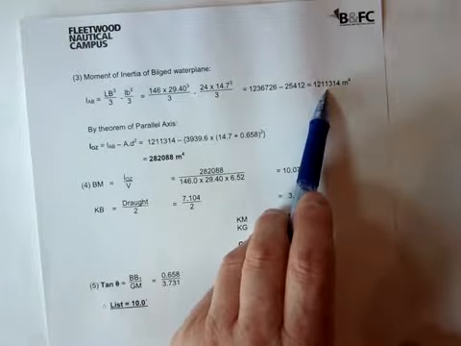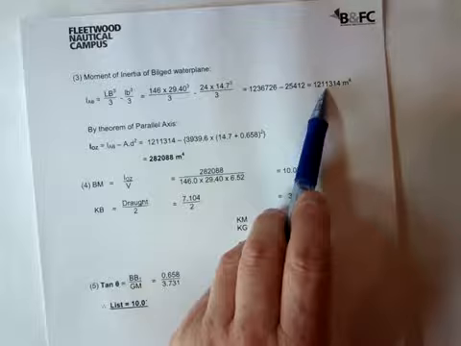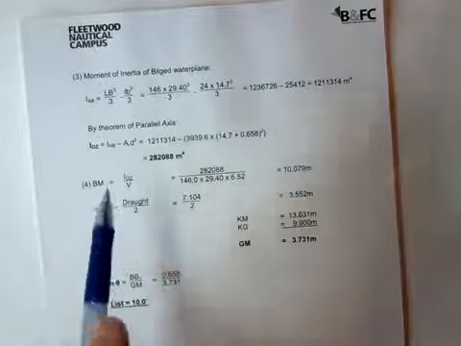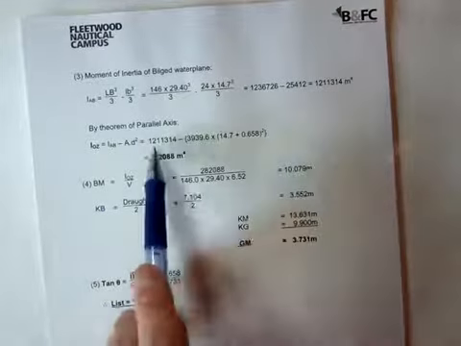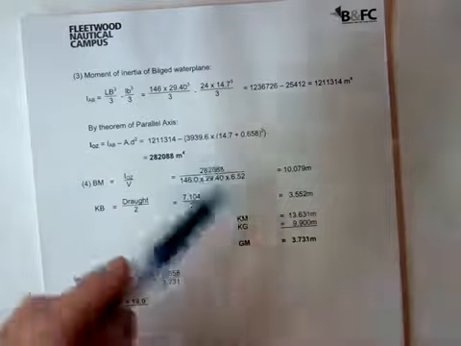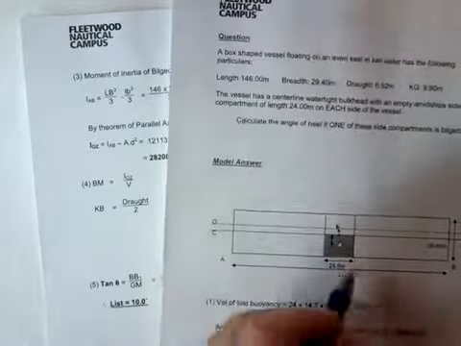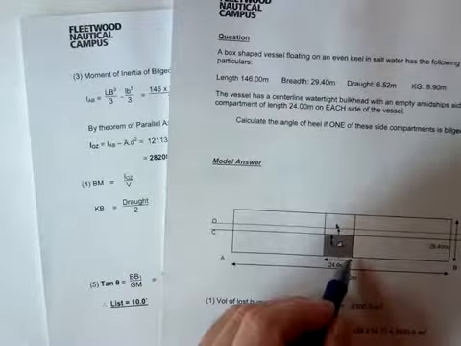But we don't want that inertia, we want the inertia about the new centre line. So by the theorem of parallel axis, we're going to deduct from this value here the area times the distance squared from the outer edge to the new centre of buoyancy.